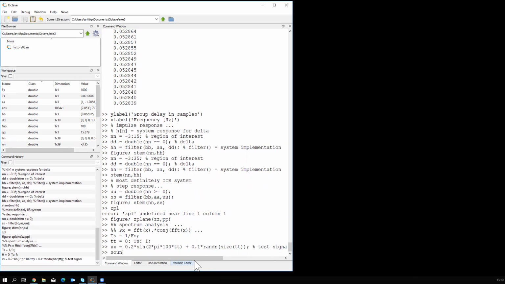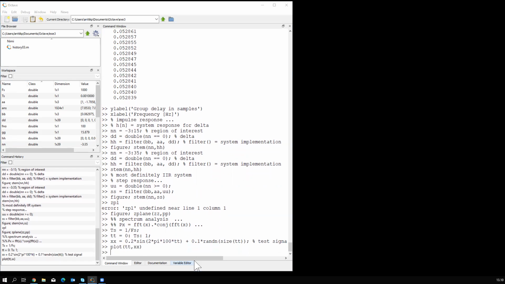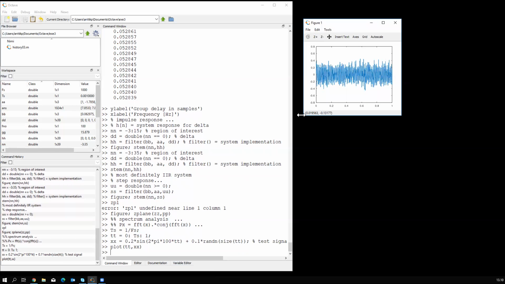Noise. Cannot sound it since it's 1000 hertz; the Sound Blaster doesn't quite like it. But anyways, it would be a typical measurement. If I plot it, it looks like that.